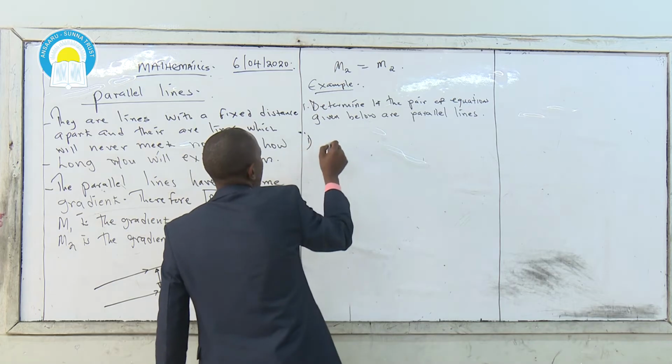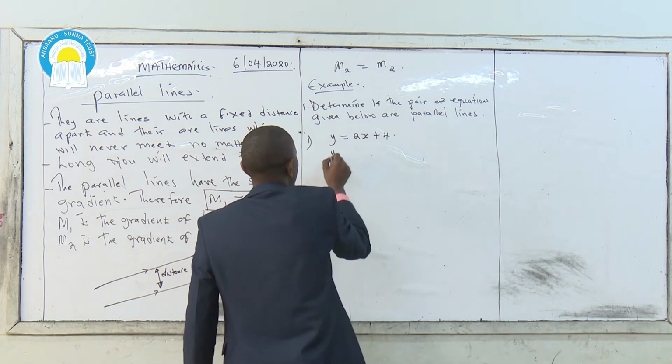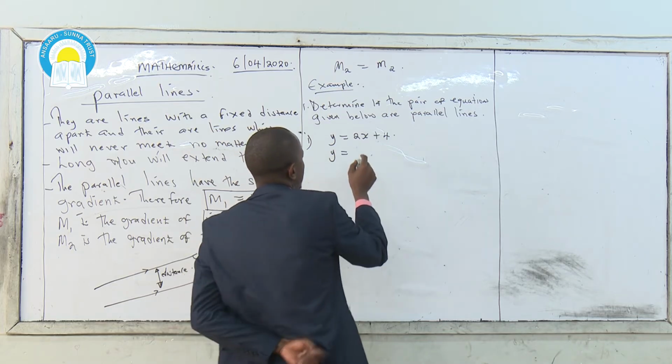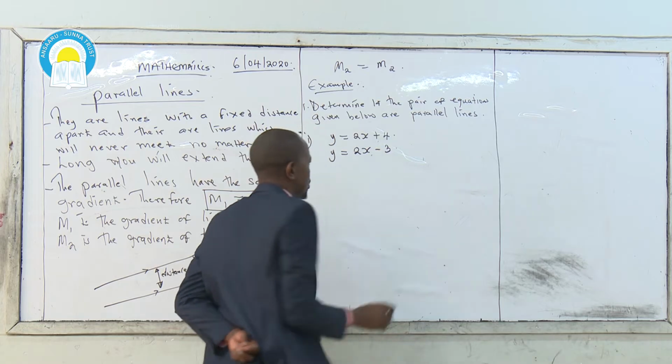Roman 1, we have y is equal to 2x plus 4, and y is equal to 2x minus 3, for instance.